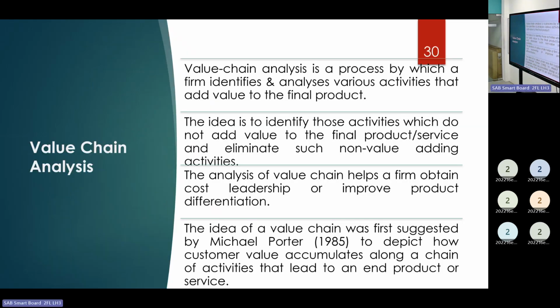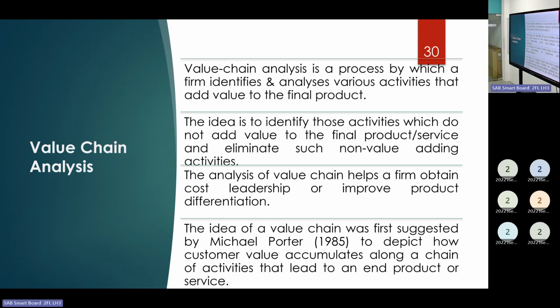Then the other aspect is the value chain analysis. Value chain analysis is also a concept by Michael Porter, right? The value chain is a very broad concept again: organizational value chain, industry value chain.